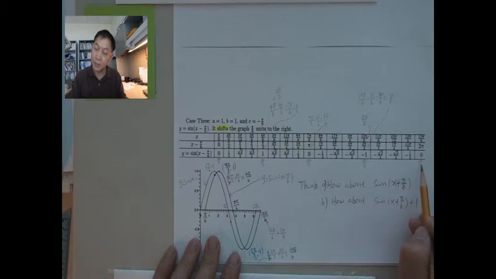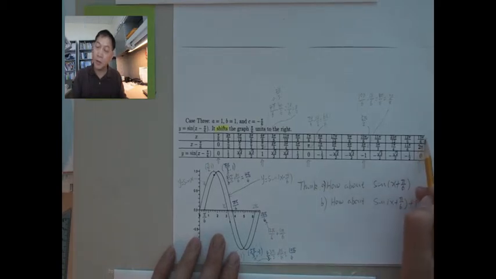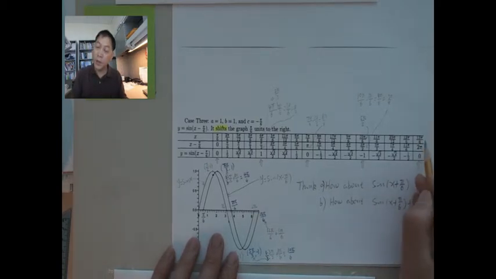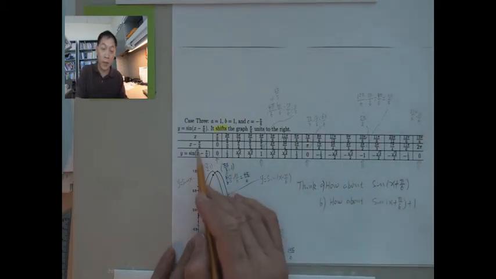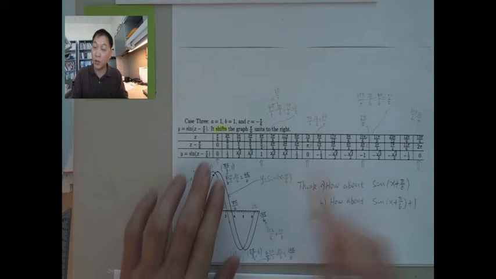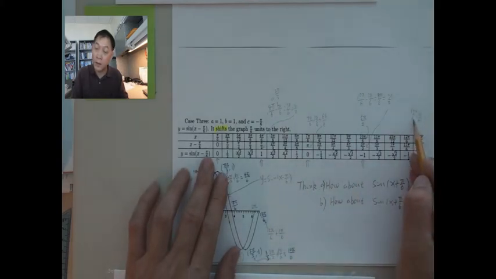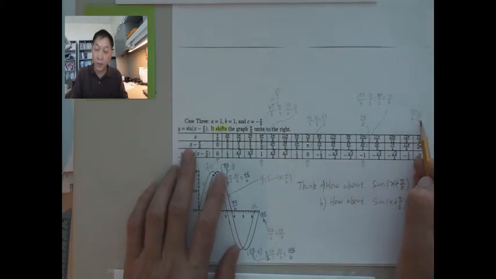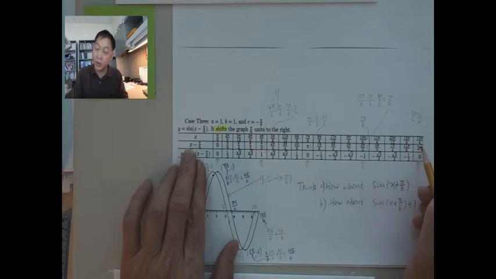Finally, this point. This point is 13 pi over 6. 13 pi over 6 minus pi over 6. You see 13 minus 1, then you will have 12. 12 divided by 6 is 2 pi. So x minus pi over 6 is 13 pi over 6 minus pi over 6, because x chooses the value 13 pi over 6.